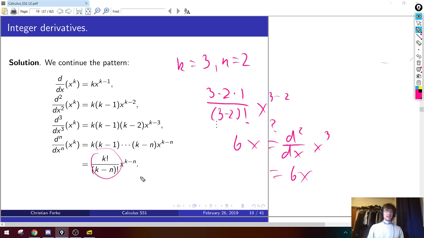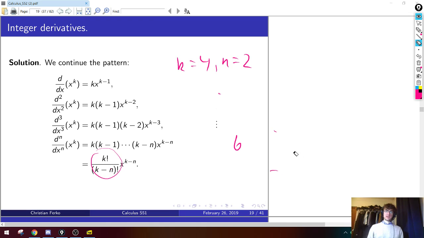If k equals 3. Yeah. Let's do bigger numbers, because I'm probably screwing this up because I have small numbers. So why don't we do k equals 4, n equals 2. So this is supposed to be a formula for the second derivative of x to the 4th, right? So d squared dx squared of x to the 4th, which is supposed to be 4 times 3 times x squared. So which one is it?